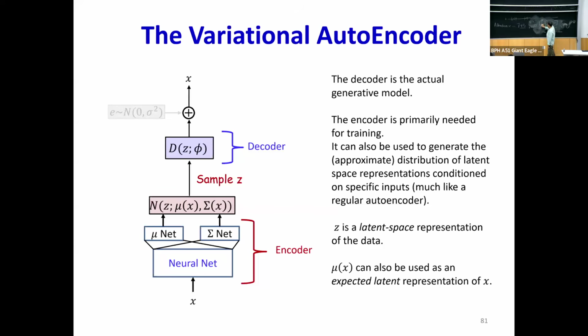If I choose a point somewhere on the line, if I've learned the model properly and all the expected continuity holds, then this point, when passed through the decoder, must give you something that looks halfway between x1 and x2, right? So we can also use this for those purposes, right?